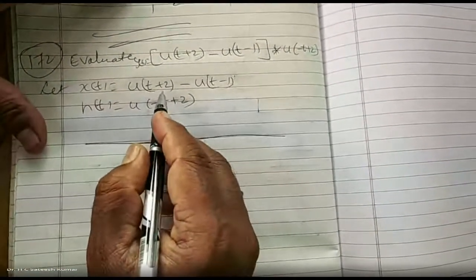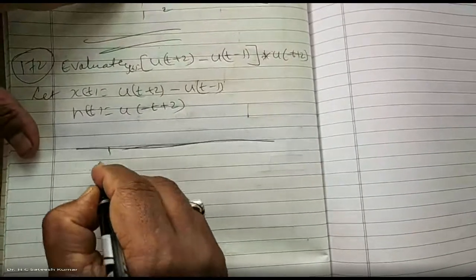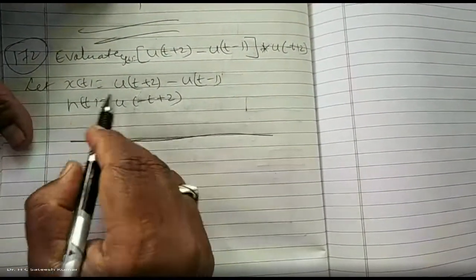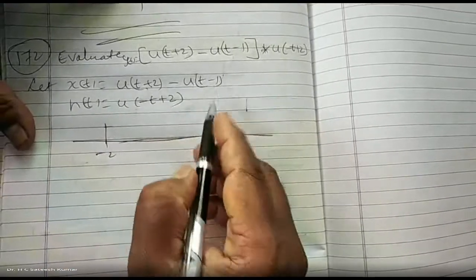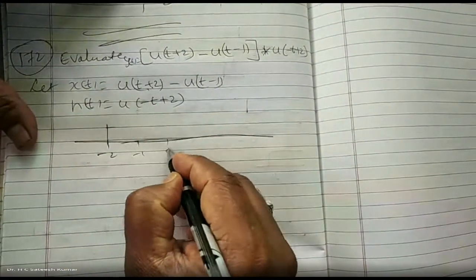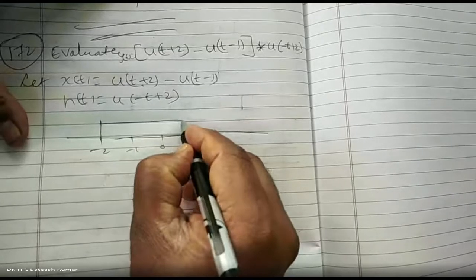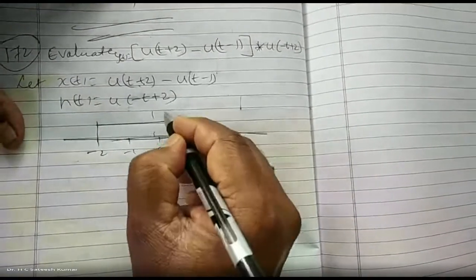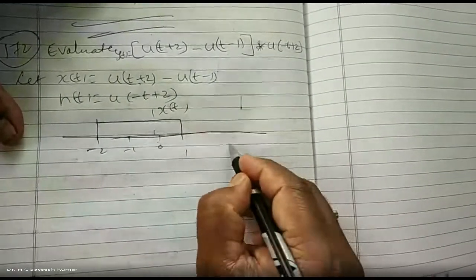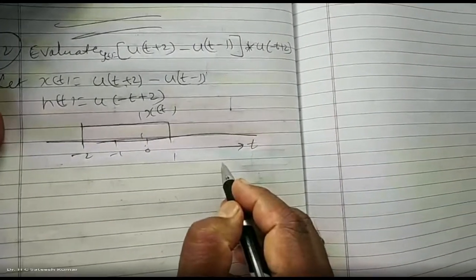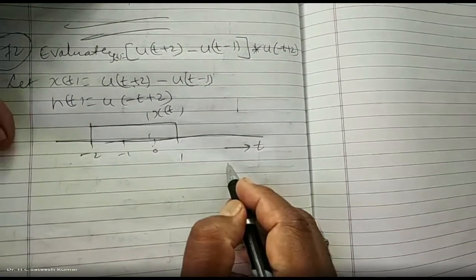X of t is from where to where? Starts from minus 2, goes up by 1 unit, and at 1, falls by 1 unit. That's it. This is your x of t.